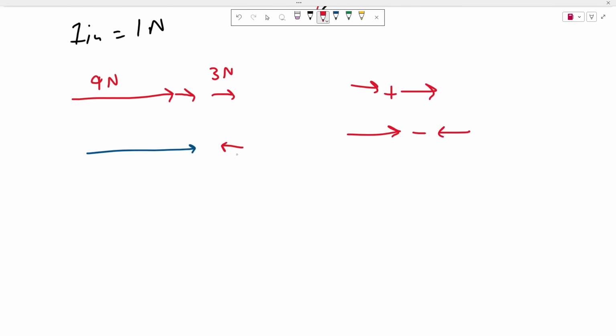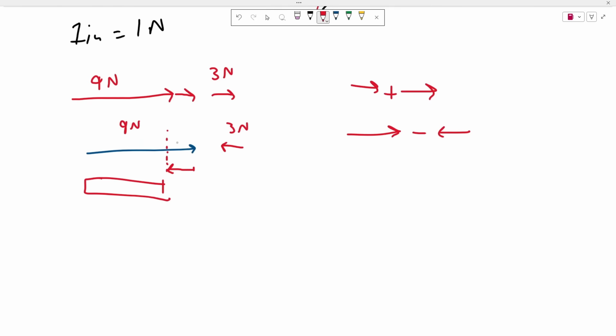The way that you would do this graphically, instead of just doing 9 newtons minus 3 newtons, is you would move this vector so that its end is at the end of this vector, like so. Then you would measure the distance between the tip of this vector and the rest of this vector. So you put your ruler all the way up to here and start measuring from here.